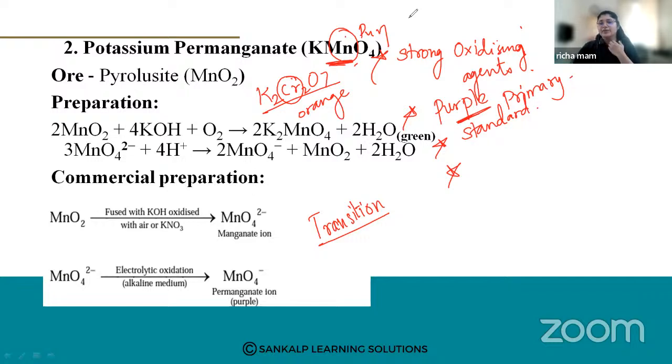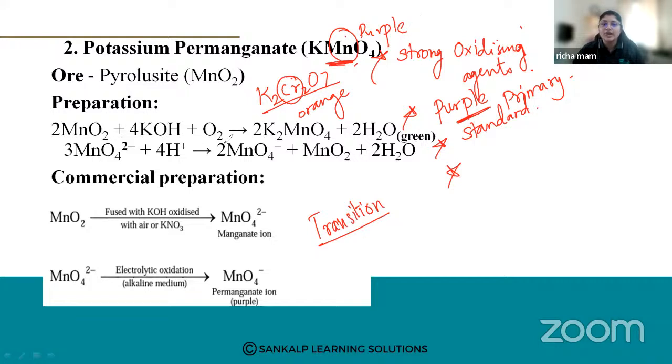As we have mentioned, transition metals form colored complexes. Can you tell me why they form colored complexes? Why are they showing such intense, dark color?